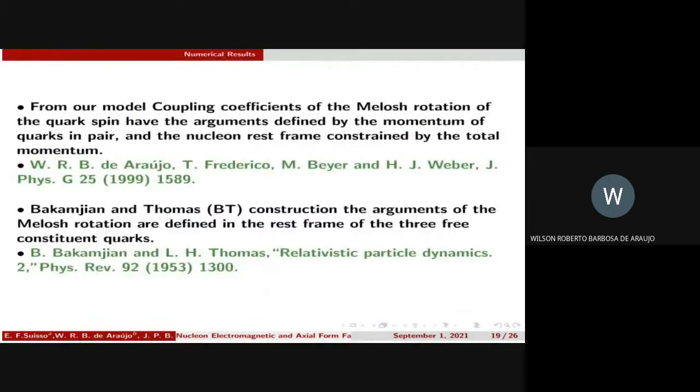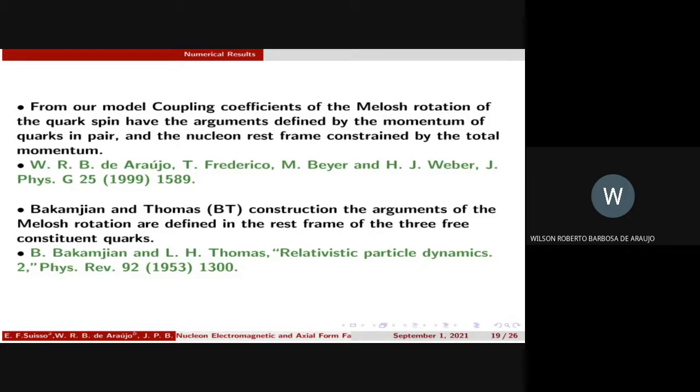Now, I'm going to show some discussion about the axial coupling constant. Before that, it's important to observe the difference between our construction and the Bakamjian-Thomas construction.